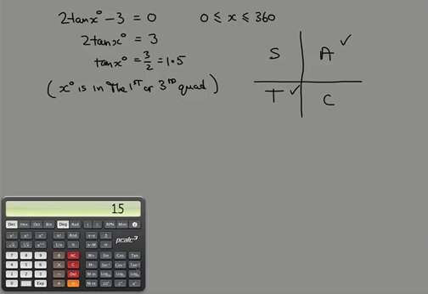Tan to the -1, or inverse tan, or second function tan, is the button that you'll use. So pressing this gives me the answer to what angle has a tangent that's 1.5. There it is, 56.3. So first quad angle is 56.30, etc. degrees.